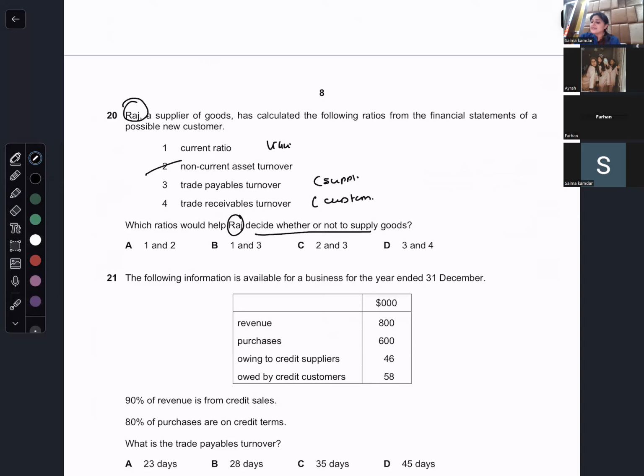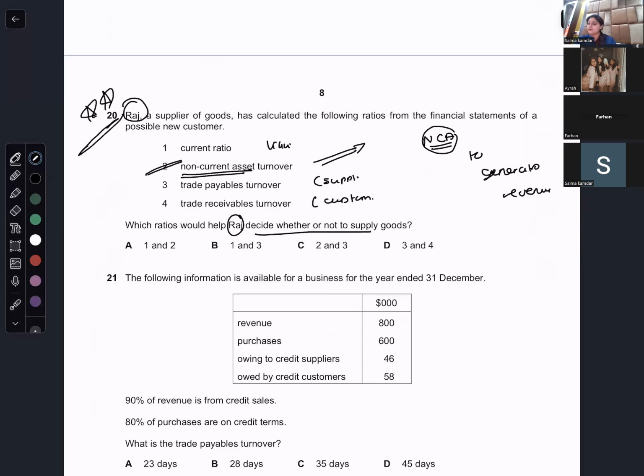Non-current asset turnover is one of them, because it tells us how well a company uses its non-current assets to generate revenue. If a company uses its non-current assets very well to generate revenue, then the supplier can supply goods because he knows the customer will be able to generate revenue.